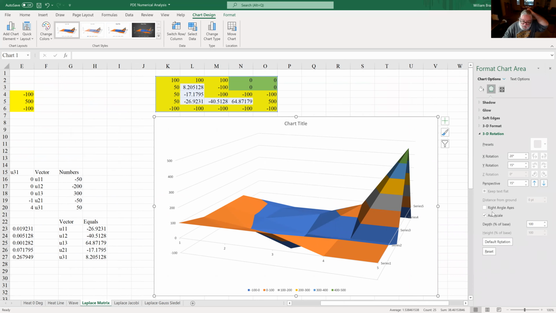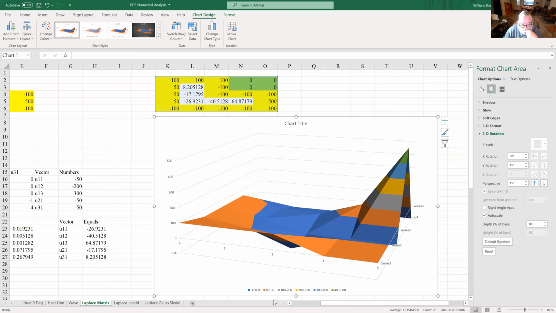So what have we got here? Well, that's that 500, right? So this square part here, that's these zeros. There's that 500, that very hot spot. It goes down like that to -100 on either side. Temperatures, blue is -100 to 0.